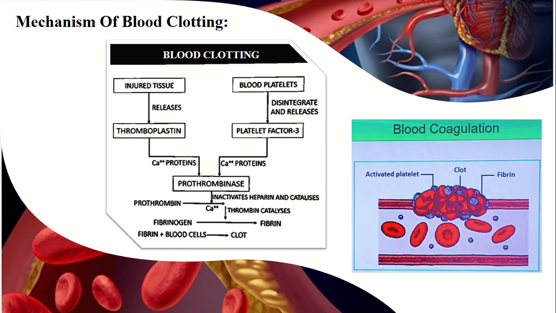Secondly, this prothrombinase converts an inactive protein called prothrombin. This inactive protein converts into the thrombin enzyme in the presence of prothrombinase and calcium. Now, this thrombin protein works as an enzyme and it converts fibrinogen into soluble monomers.